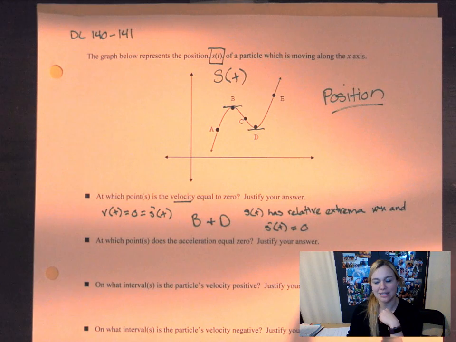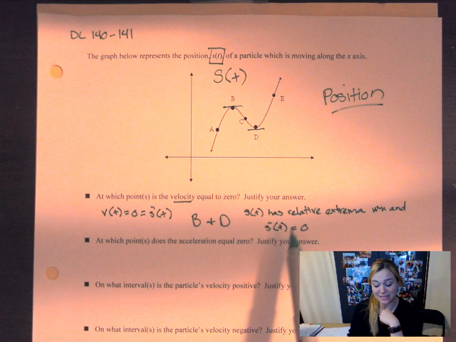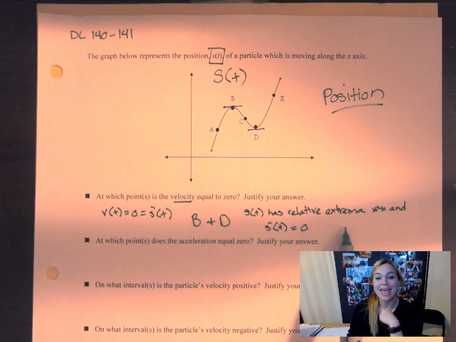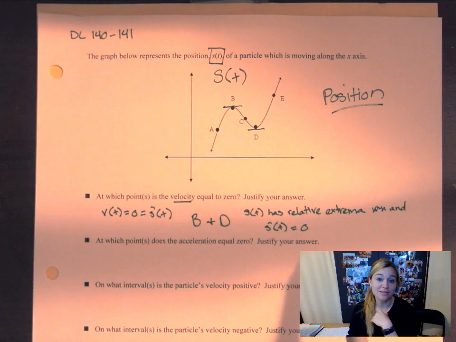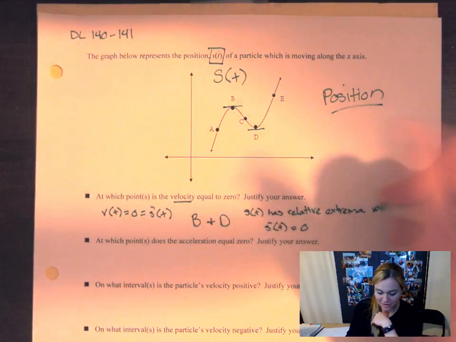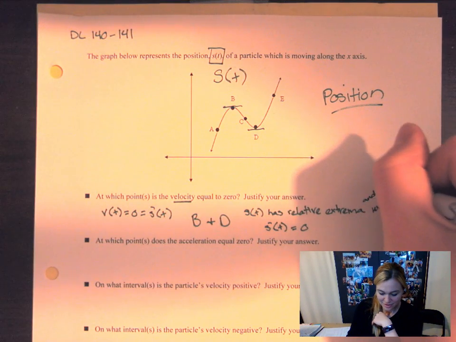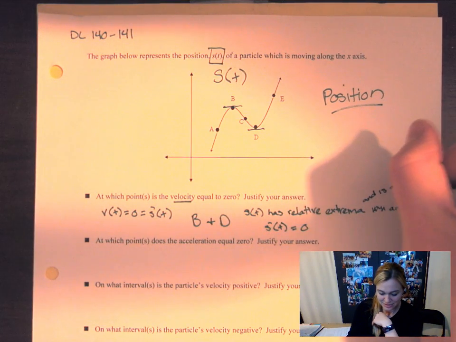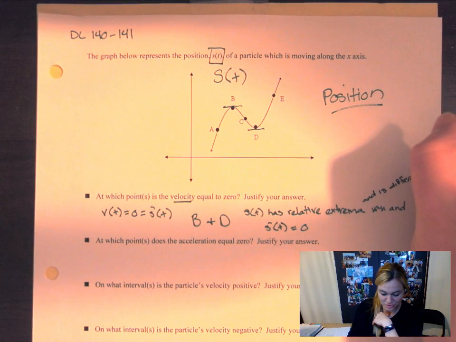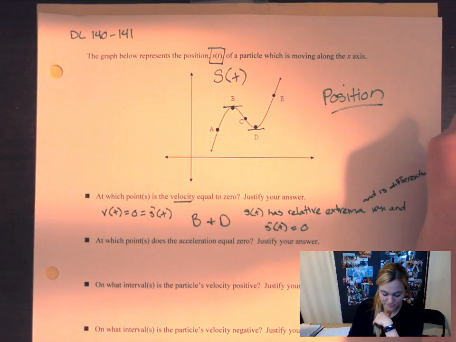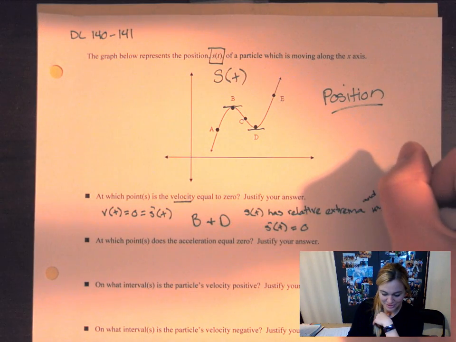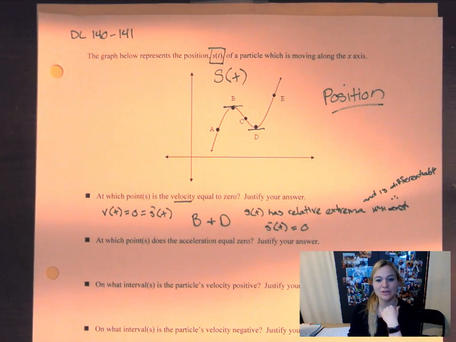I could say S of t has relative extrema and is differentiable, like there's a smooth curve, therefore S prime of t is equal to 0, because there are some times when there's a sharp turn where the derivative would not exist.